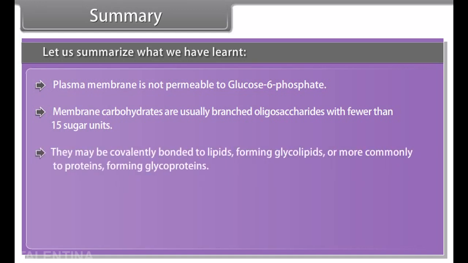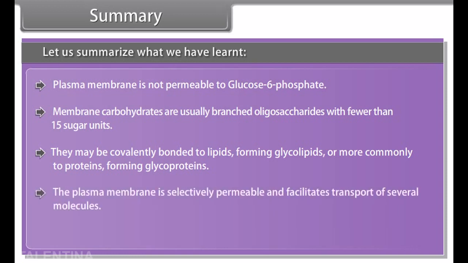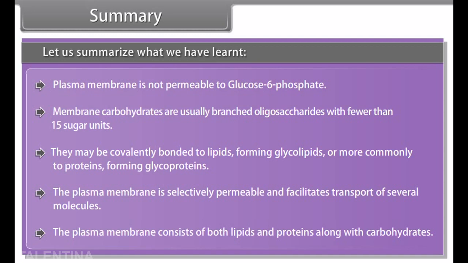They may be covalently bonded to lipids forming glycolipids or, more commonly, to proteins forming glycoproteins. The plasma membrane is selectively permeable and facilitates transport of several molecules. The plasma membrane consists of both lipids and proteins along with carbohydrates.